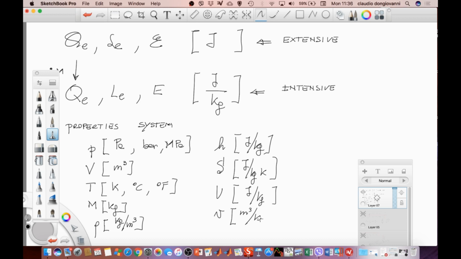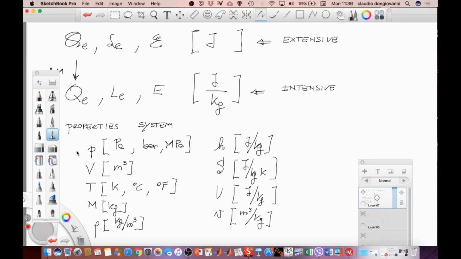Okay, some of these are intensive, other ones are extensive. Which ones are intensive? Let me ask, is pressure intensive or extensive? Pressure is intensive because by changing the mass of the system it does not change.